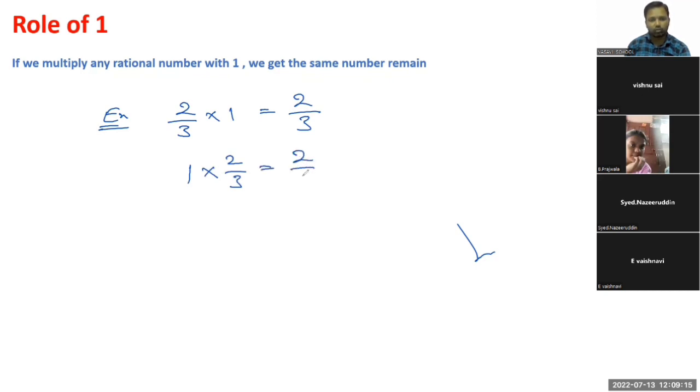We get 2 by 3 only. So in these cases, the multiplier value is also called multiplicative identity. Here, one is called multiplicative identity.